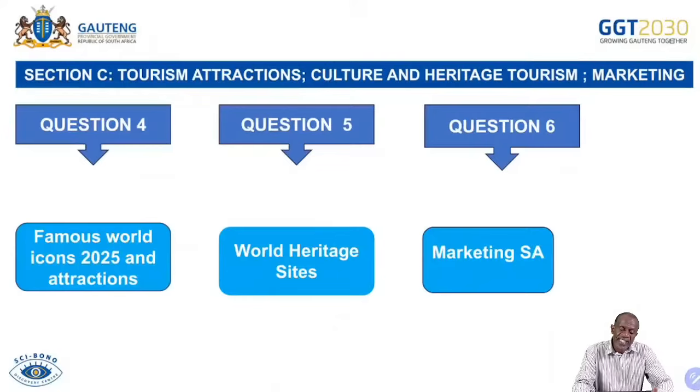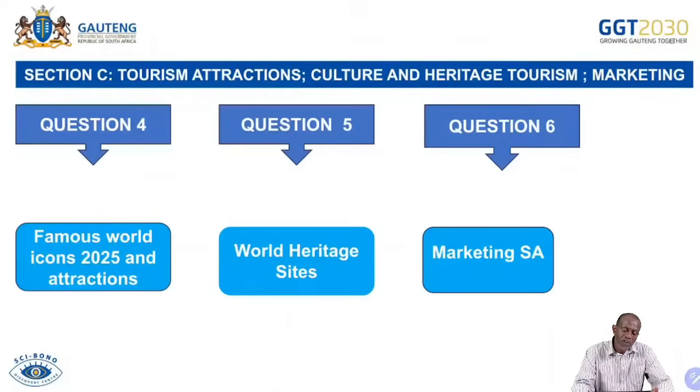Your next section is section C. It was indicated on the structure that this section has 50 marks, and you must spend 50 minutes. It is made up of 3 questions: question 4, question 5, and question 6.